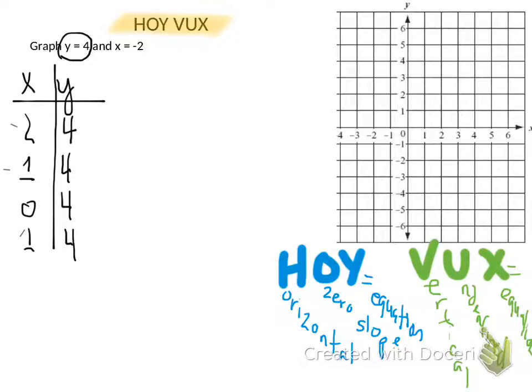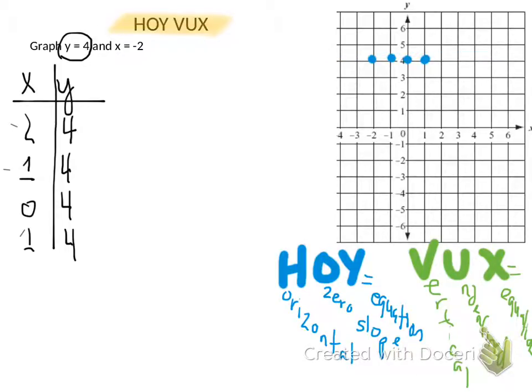So if I graph those points, let's go ahead and graph those points. If I go -2, 4, -1, 4, 0, 4, and 1, 4, you notice that by connecting these, I'm going to get a horizontal line.